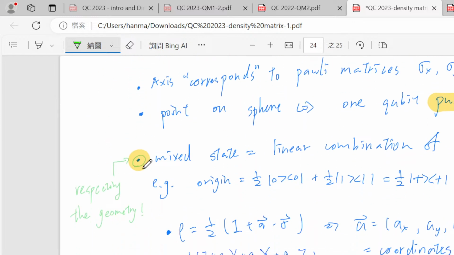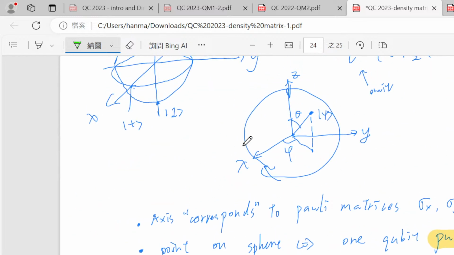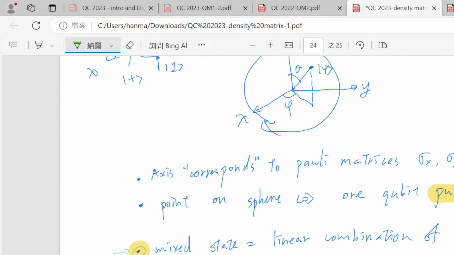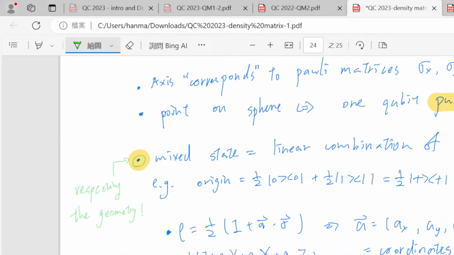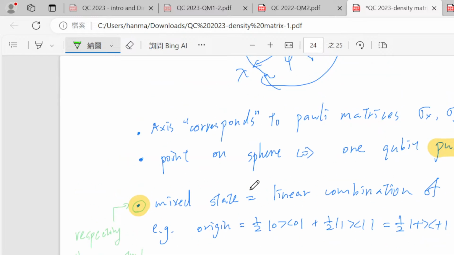Okay. For example, the origin will be the totally mixed state. Okay, so here you have something very nice.